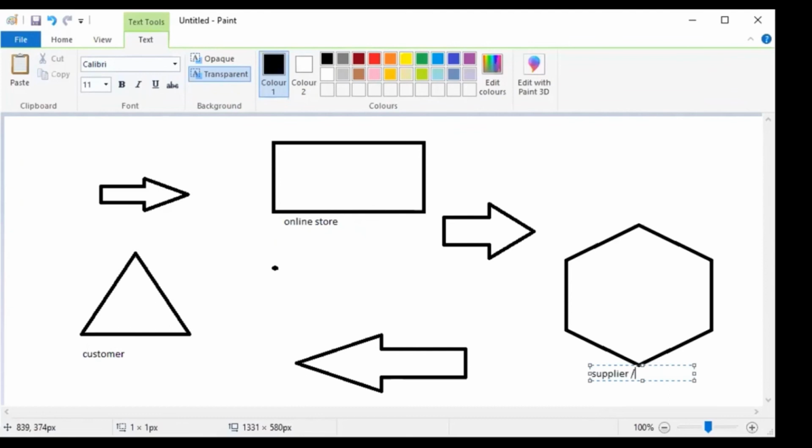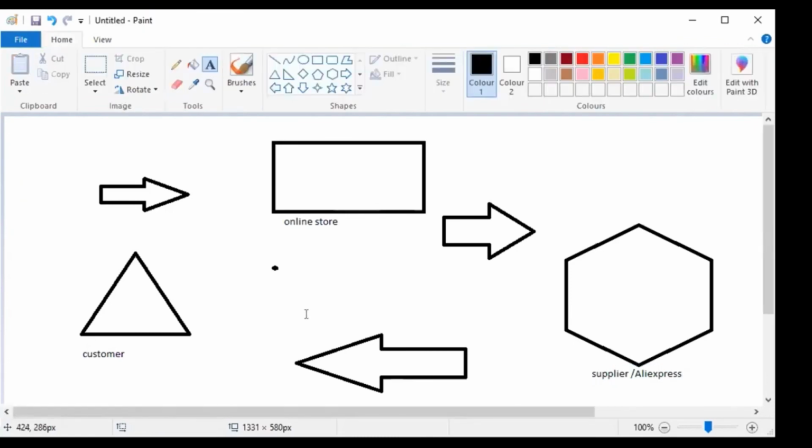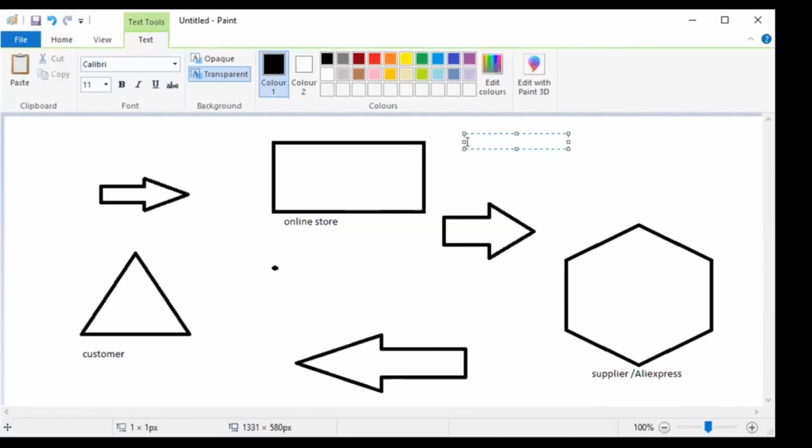Let's just say AliExpress, because you'll start off with AliExpress before you get private suppliers and stuff like that. Okay, the customer goes to your store, right? The customer clicked on maybe a Facebook ad, they heard about your business somewhere, and they go on your online store. And the customer decides, no, I really like these flip-flops that you're selling for 400 rand.